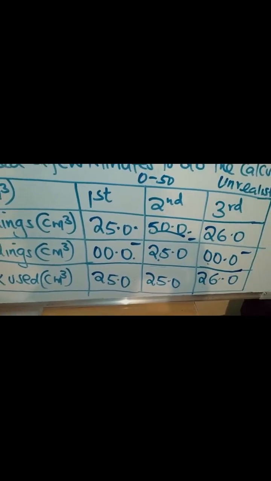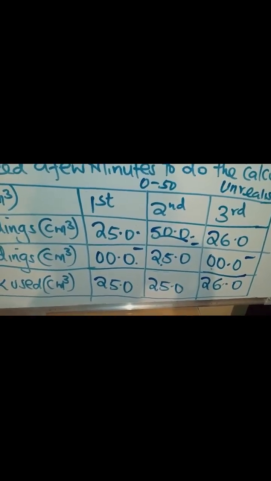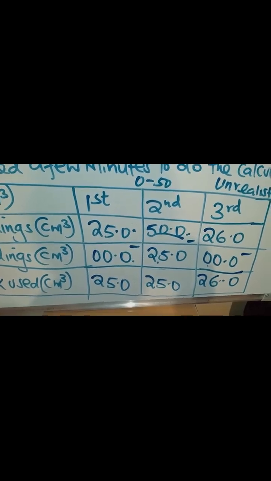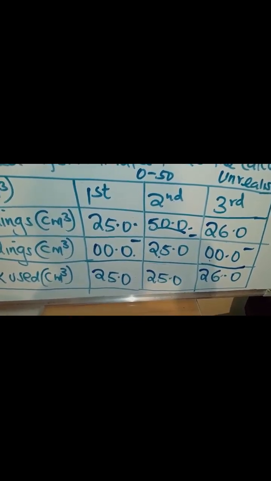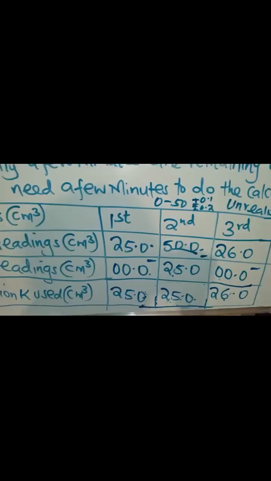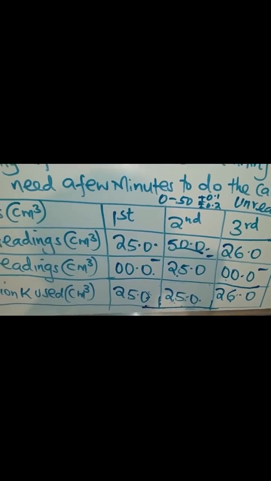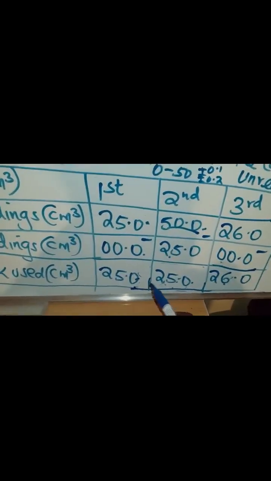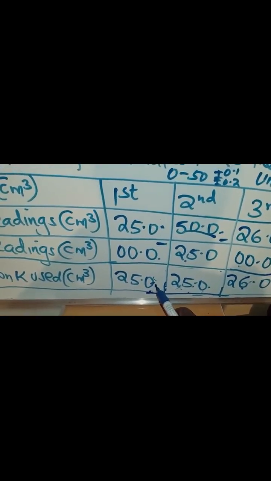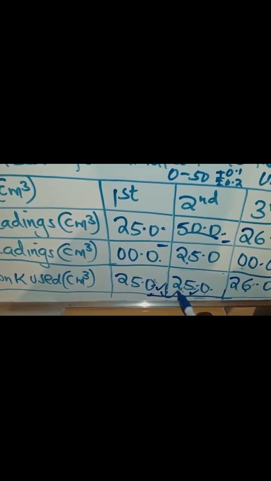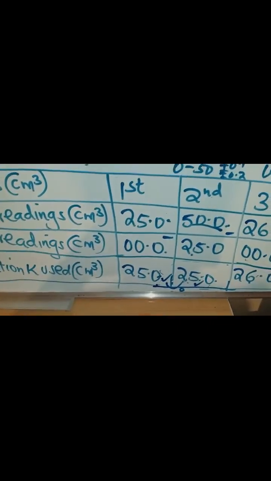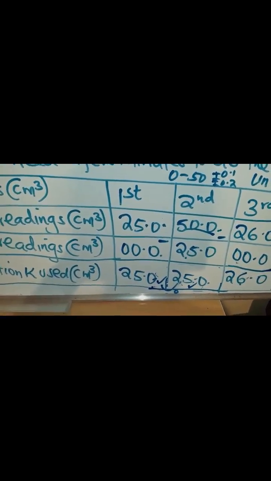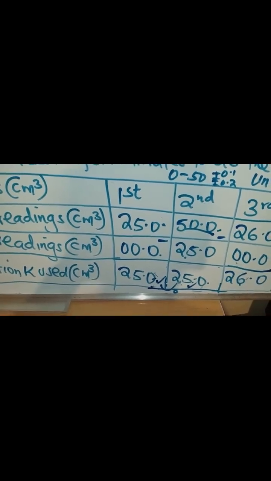So when you'll be calculating the average, remember, as I explained as we began this video, you are supposed to check on the values. So for you to know which ones to use when you are calculating the average, you begin by looking at the difference between the first and the second, and the difference is 0. And if the difference is 0, it means you can pick on them, because the difference is even smaller than the plus or minus 0.1.